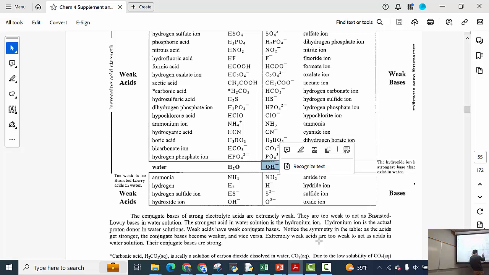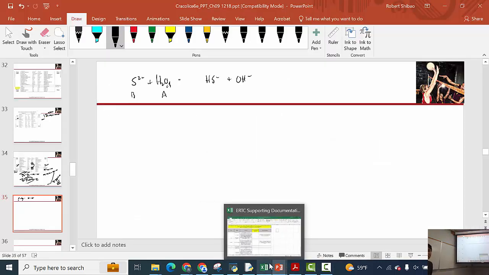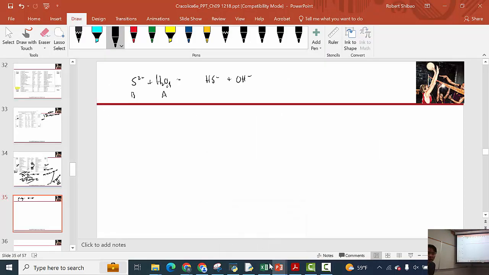And so if we're at the top of the hill, the only way we can go is down this way. So if sulfide goes to hydroxide, that's downhill. Well, everybody can make it downhill. If everybody can make it downhill, then it's going to be complete or 100%. And we expect this to completely hydrolyze. And so this is why we say that sulfide is too strong to exist in water.